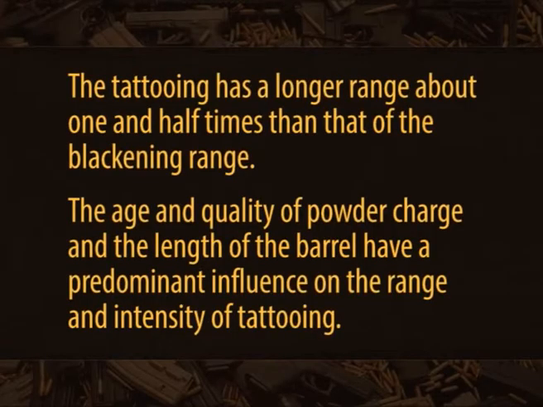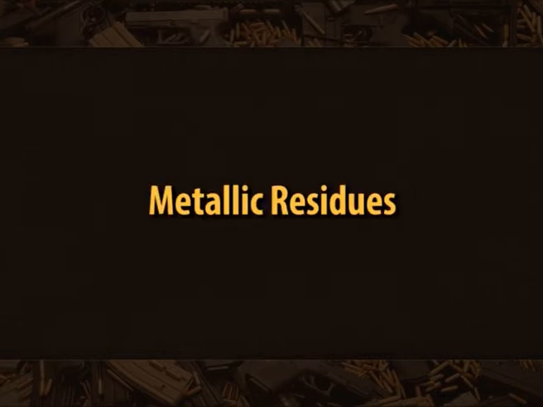Consequently, tattooing has a longer range, about 1.5 times that of the blackening range. The age and quality of the powder charge and the length of the barrel have a predominant influence on the range and intensity of tattooing.